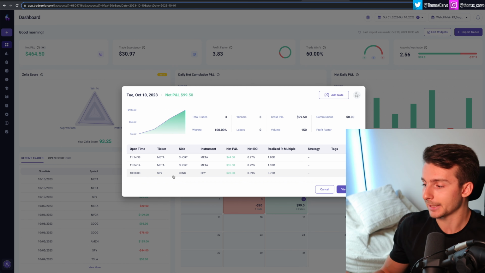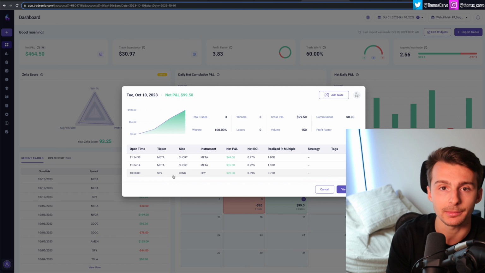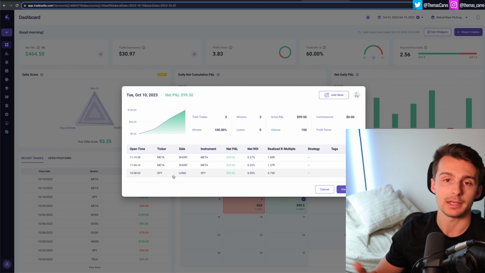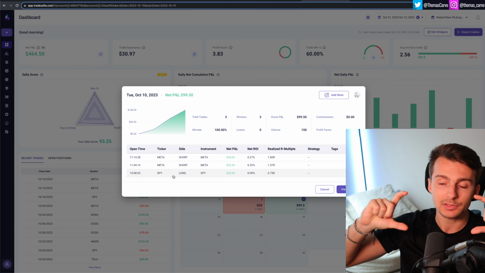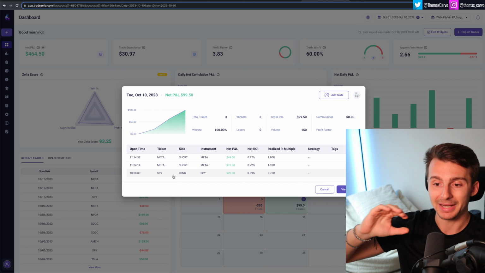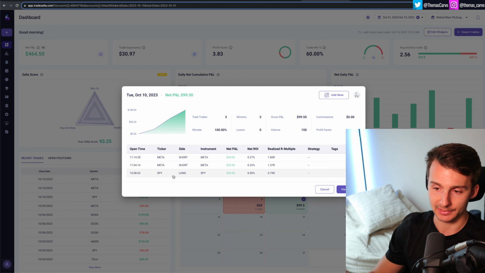I'm not going to trade the same amount of shares that I trade on Amazon, which is a much cheaper stock than Nvidia. I might need to buy more shares of Amazon to get the same type of P&L swing. That's the one thing I have to adjust. Outside of that, everything seems pretty seamless, and I'm liking it so far.